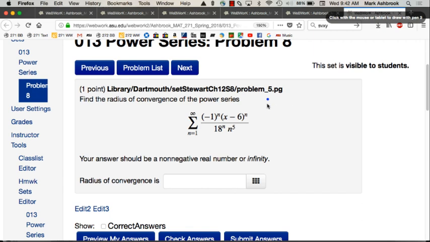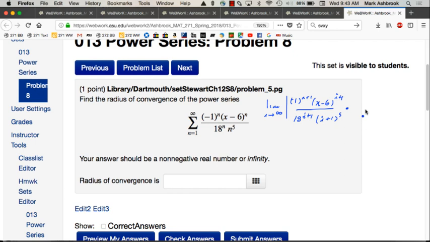So we're going to look at the limit as, say, i goes to infinity of (-1)^(i+1) (x - 6)^(i+1) over 18^(i+1) (i+1)^5, times... Yeah, I'm thinking this isn't great up here.